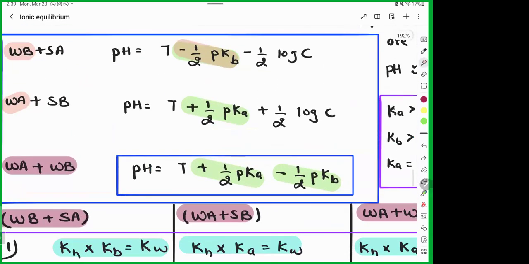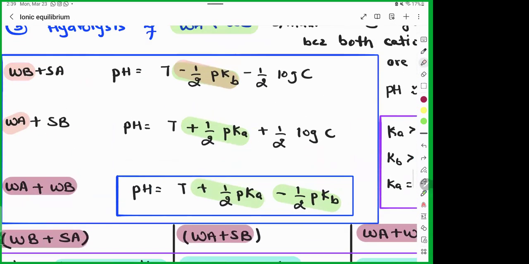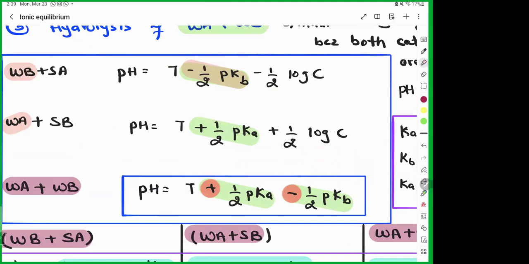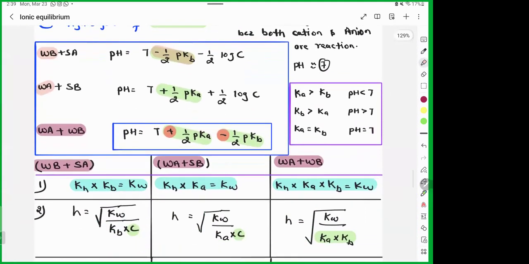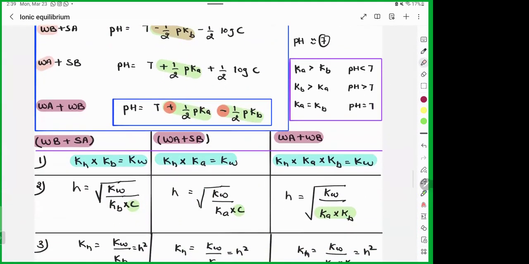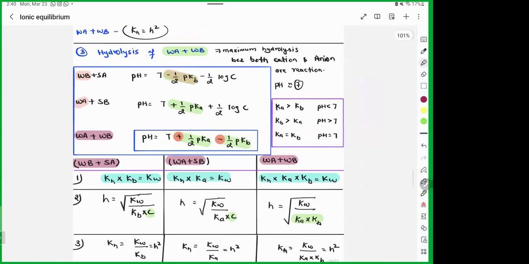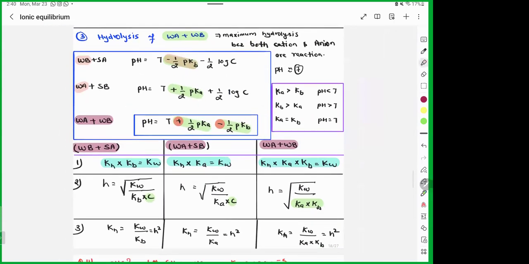See, in weak acid it was positive, in weak base it was negative, and we don't have concentration in the case of weak acid and weak base. Correct? So again, no need to teach this, it's more about observation. Please go through it. Let me know if you have any doubt.